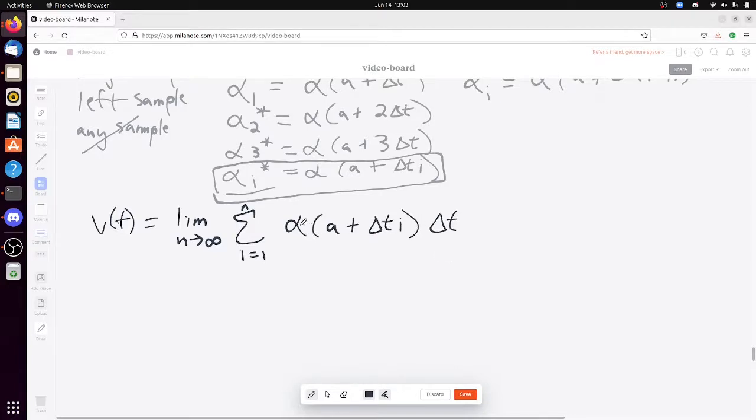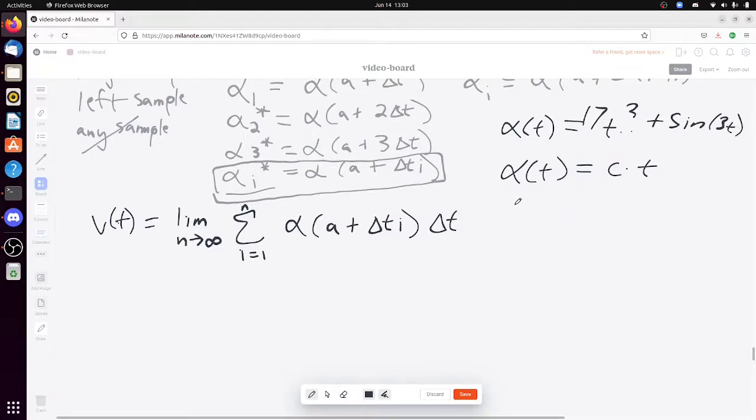By the way, our function here, remember, is alpha of t equals c, the constant slope, times t. If we have any function here, so if we have alpha of t equals, say, t to the third plus sine of 3t, we can still use this formulation.